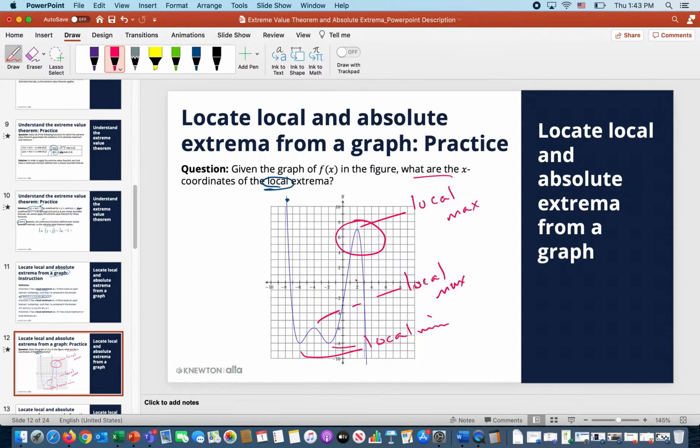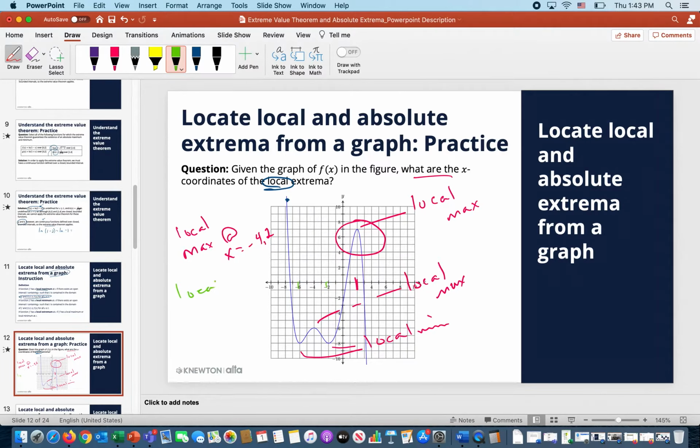So to me, it looks like there's a maximum right here at 2, and then another one at -4. So I might say local max at x equal -4 and 2. And then those local mins occur right here at -6 and -2.